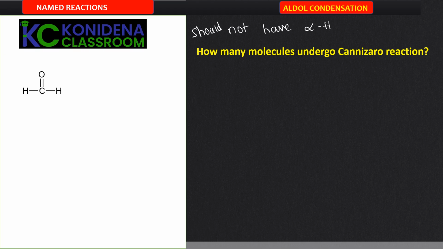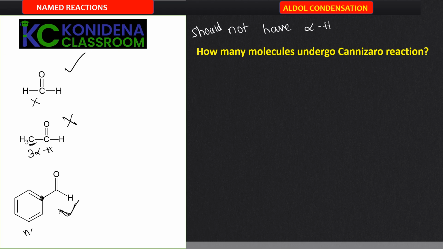In the first one there is no alpha hydrogen, so it will undergo Cannizzaro. In the second you have three alpha hydrogens, so it will not undergo Cannizzaro. In this case also there is no alpha hydrogen, so it will undergo Cannizzaro. No alpha hydrogens here either, so it will undergo Cannizzaro.